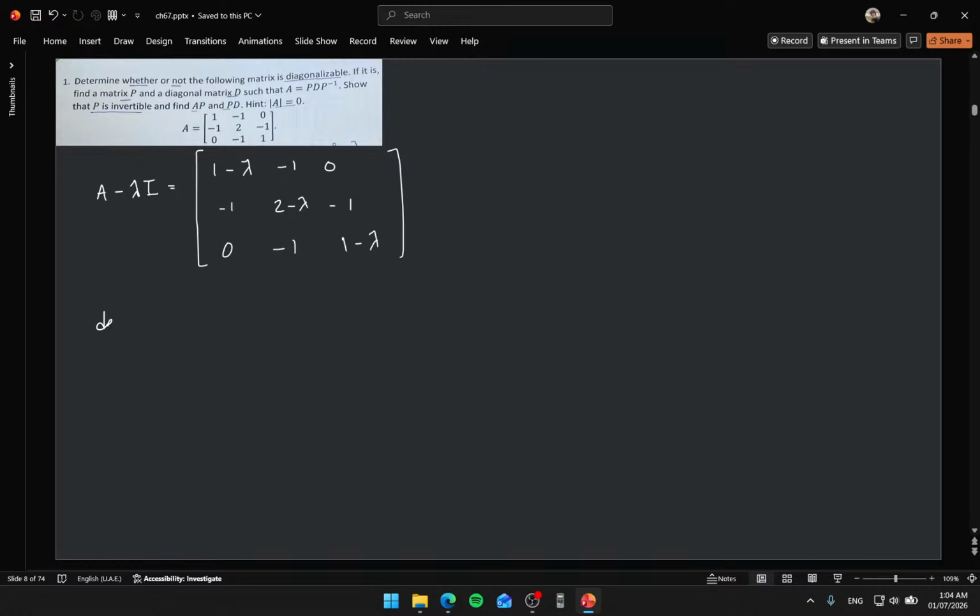Next, we want to find the determinant of A minus lambda I. So let's expand along row 1. So that's 1 minus lambda multiplied by this determinant. So what's the determinant? It's this, 2 minus lambda. Oops.